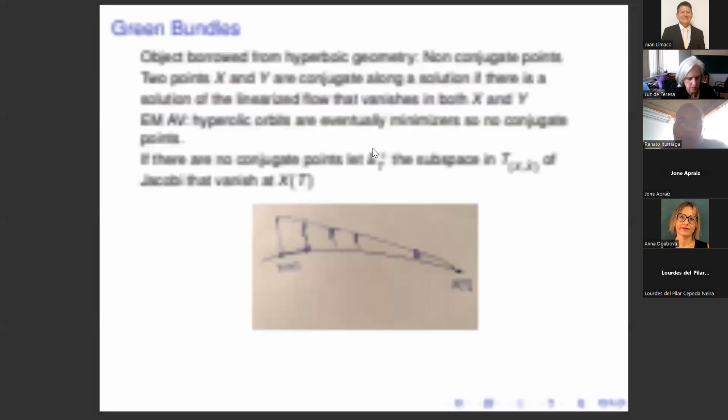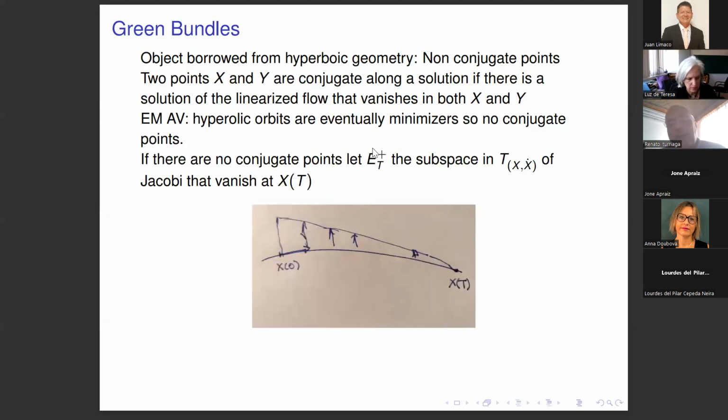So what you want is, so this is the drawing, you have the orbit, and you have at the time t, where's the orbit, and you look for all the Jacobi fields that will vanish at the end.